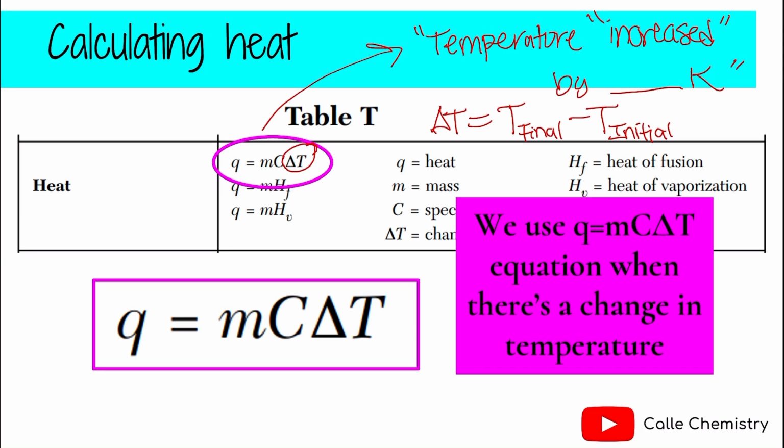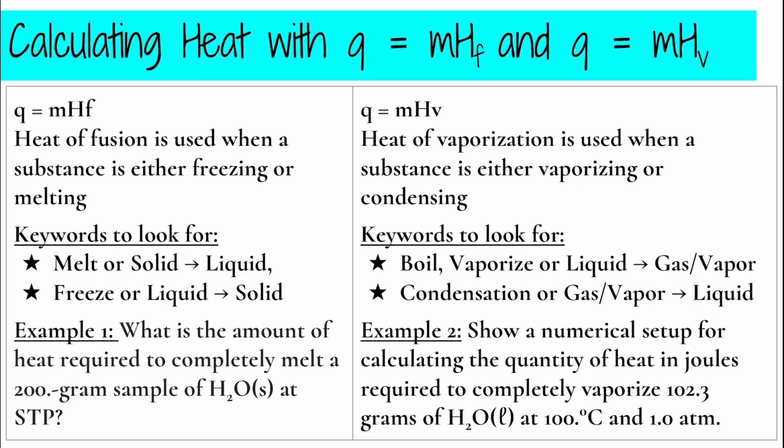Okay, so this equation we use to calculate heat when there is a change in temperature. Now the next two are when there isn't a change in temperature. So when do we use Q equals mHf? Hf stands for heat of fusion. We use this formula when something is either freezing or melting.